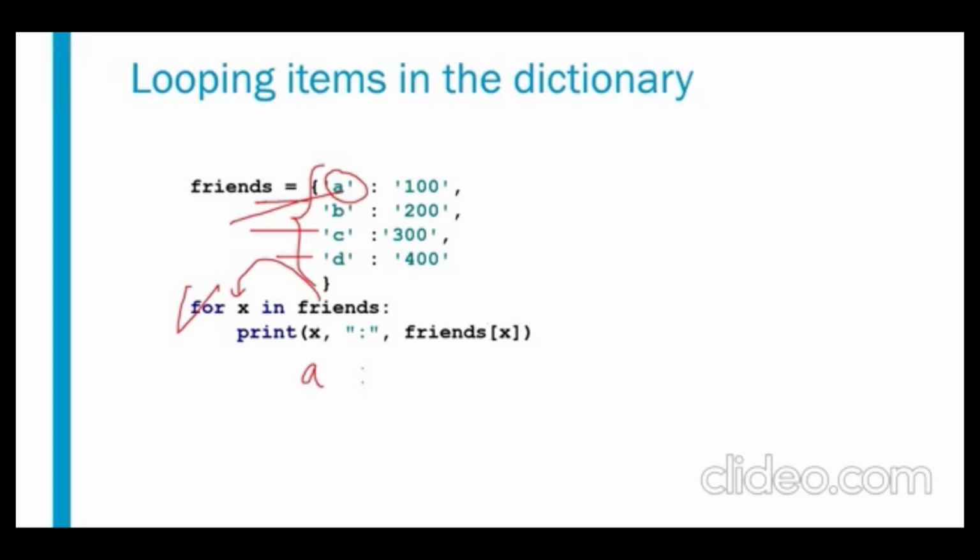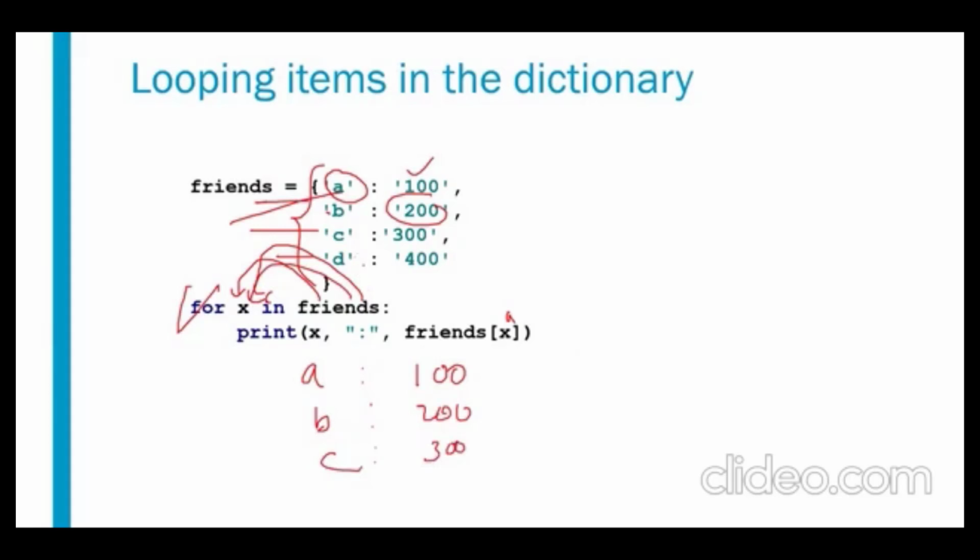Now x is a, so friends of a will return the value, colon 100. So this will return 100. Next it will pick the next key, B, and assign it to x. Now B is printed, and friends of B means 200 will be written. The next time it will read C into x, and friends of C means 300 will be printed.